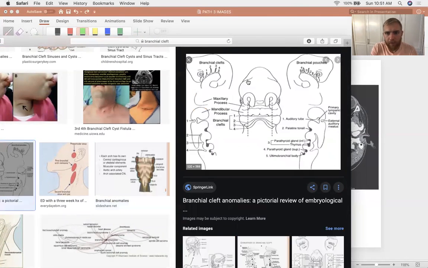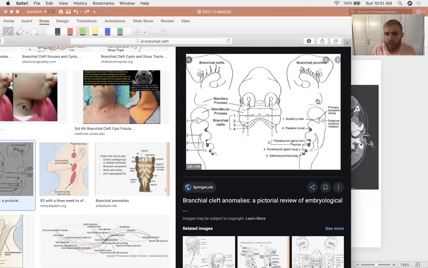And remember, it's going to be forming, was it week 28 or something of development? You're going to start to see this. Clefts on the outside, pouches on the inside, and the first one leads to the auditory tube. So the first one is obviously related to cholesteatoma if there's a malformation there. The second one's going to give you your palatine tonsils.